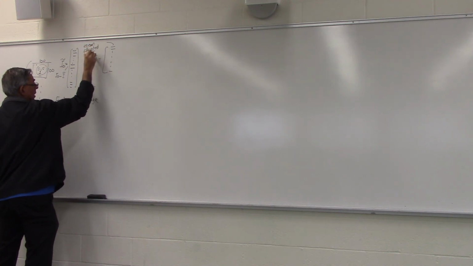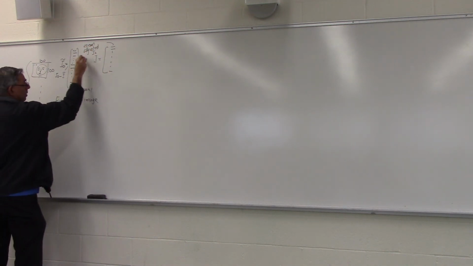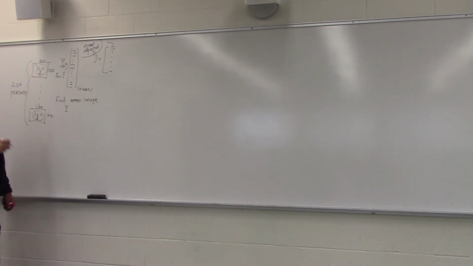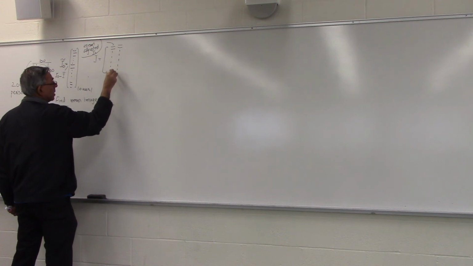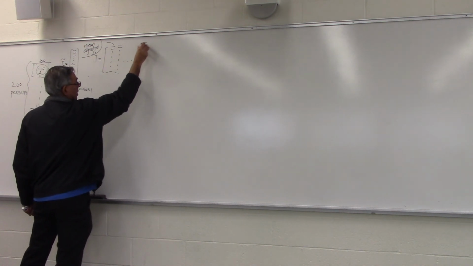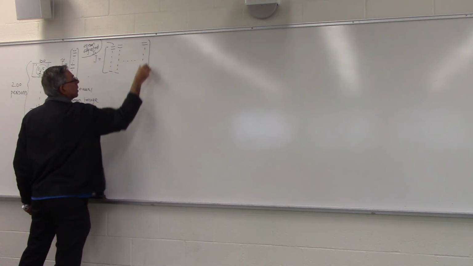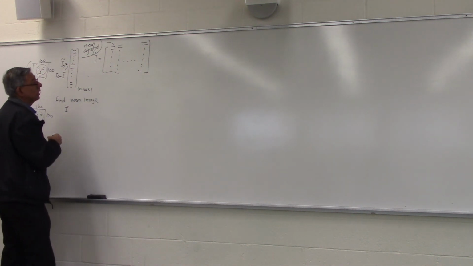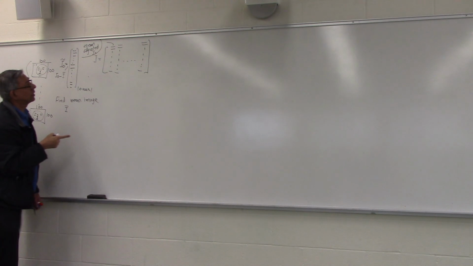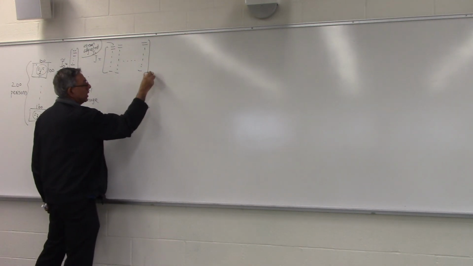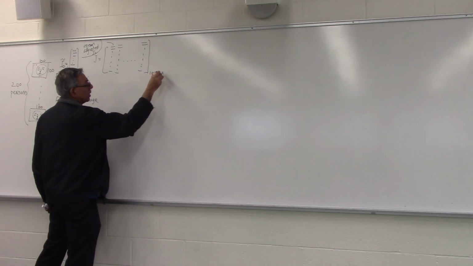So the first column is the mean adjusted I0. Second column will be the mean adjusted I1, right? And so on. So what will be the size of it? If each is 100 by 100, and there are 200 of these, this will be 10,000 by 200.